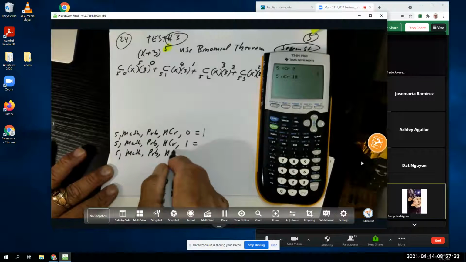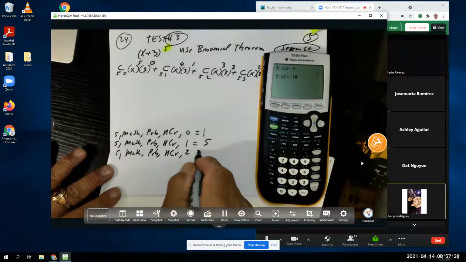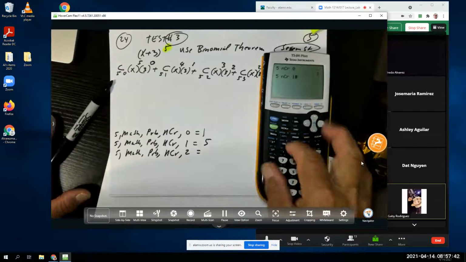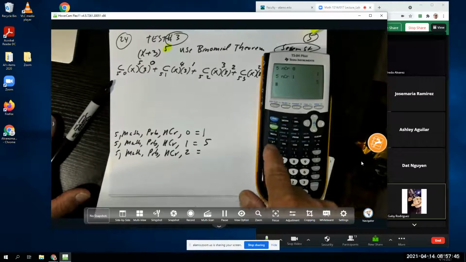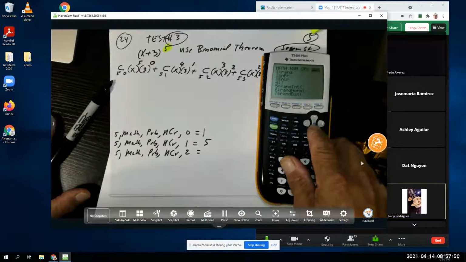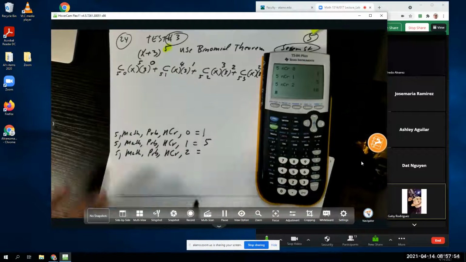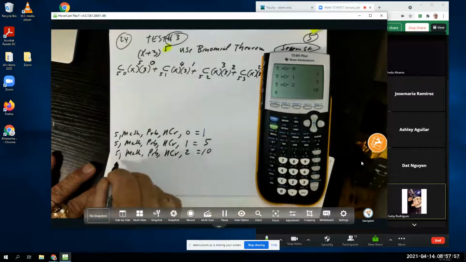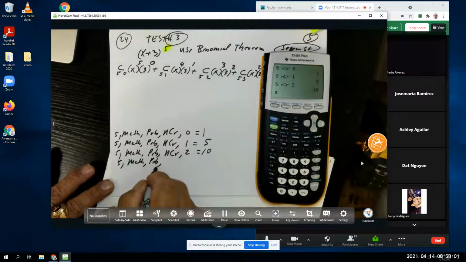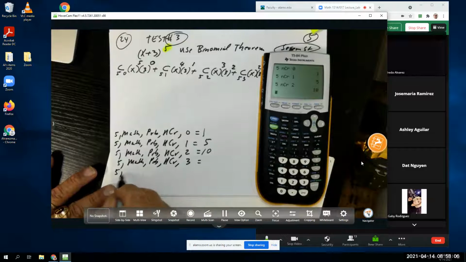5. Yep, it's 5. And then the next one's gonna be a 2 in there. I'm gonna do the same thing. Okay, so I'm gonna go 5, math, probabilities, nCr, and I'm gonna put 2, enter. I got 10. Y'all get 10 for the next one? Yes. Okay. And then I'm gonna put a 3 in there. You tell me what you get for the 3.